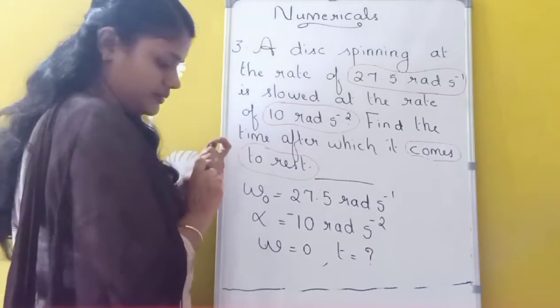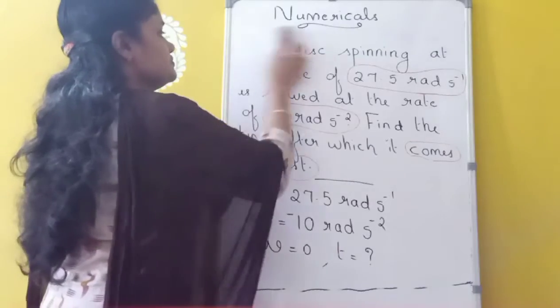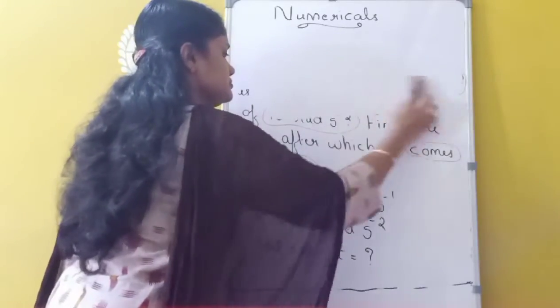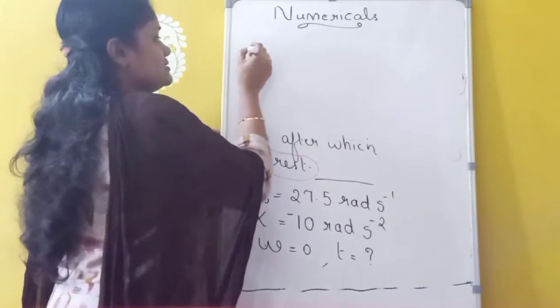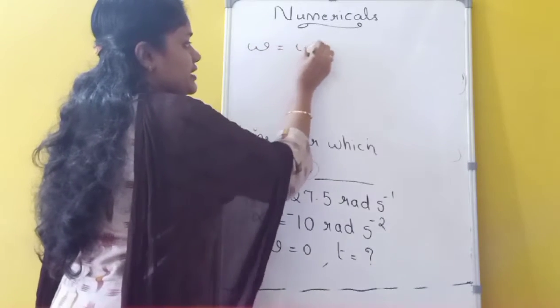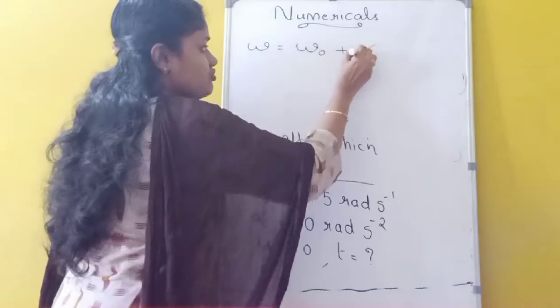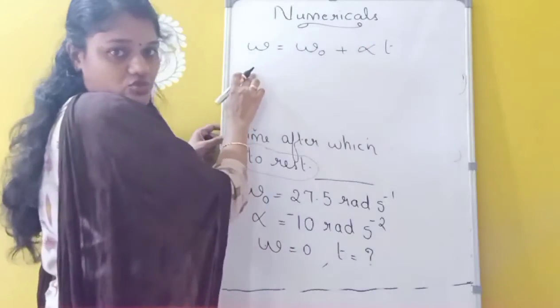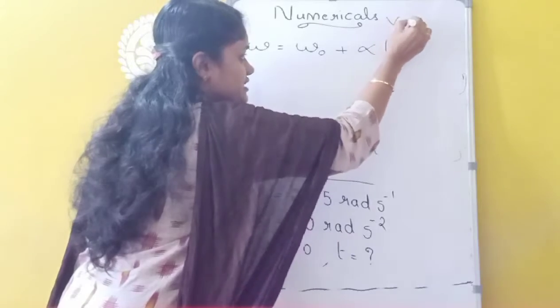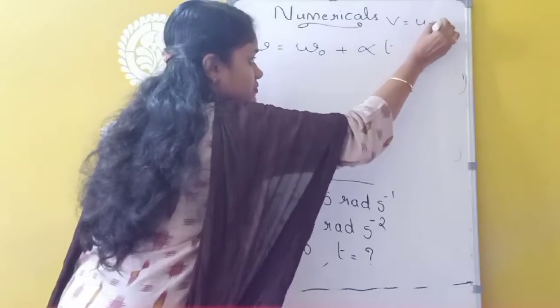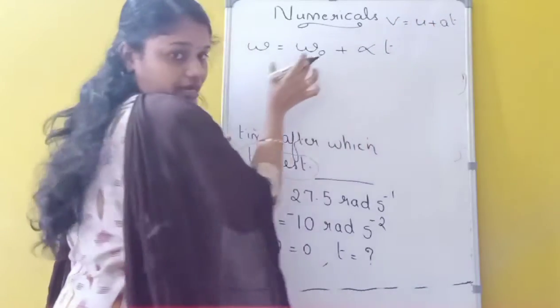So we have the formula: omega equals omega 0 plus alpha t. So in the case of circular motion, already you studied. In the case of linear motion, we write v equals u plus at. So the same analog here.